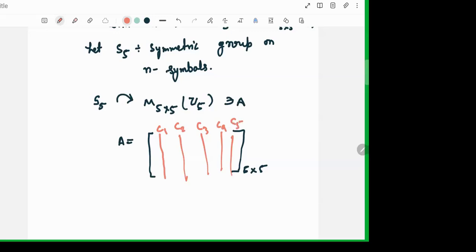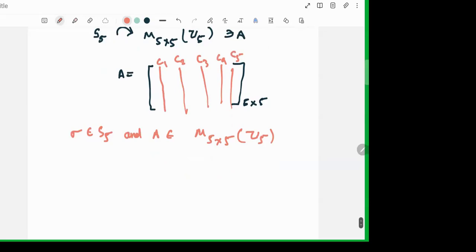So now how does S5 act on this A? For any sigma belonging to S5 and A belonging to M5 cross 5 over Z5, how do you define this action?